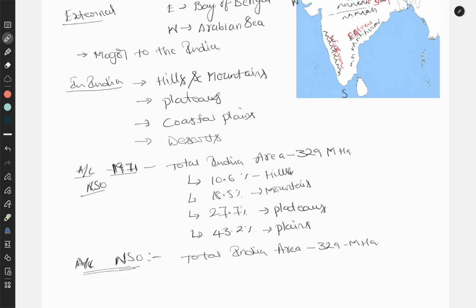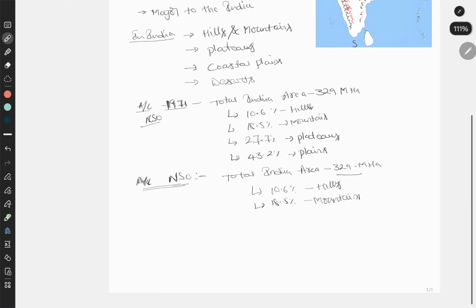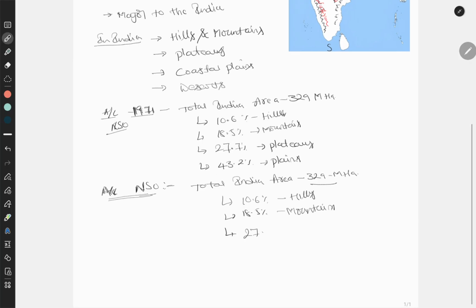The above values have not changed at all. 10.6% is hills, 18.5% is mountains as usual, 27.7% is plateaus, and 43.2% is plains. So the statistics have not changed at all.